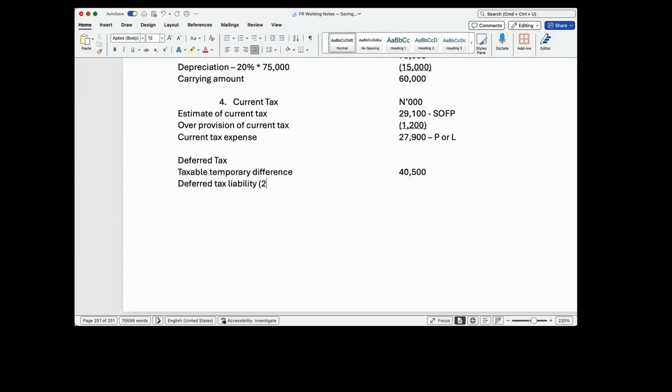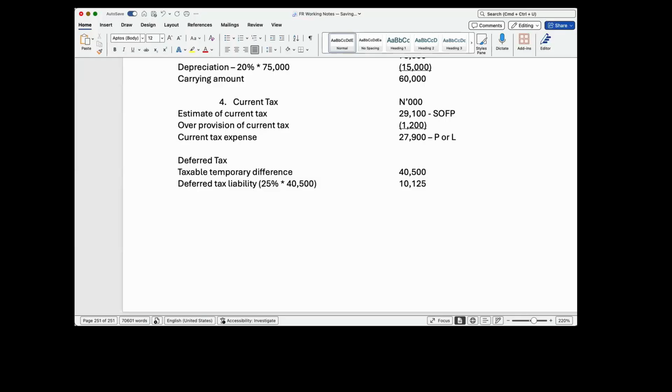And since I was told that the tax rate is 25%, so what does that give me? 10,125. 10,125.